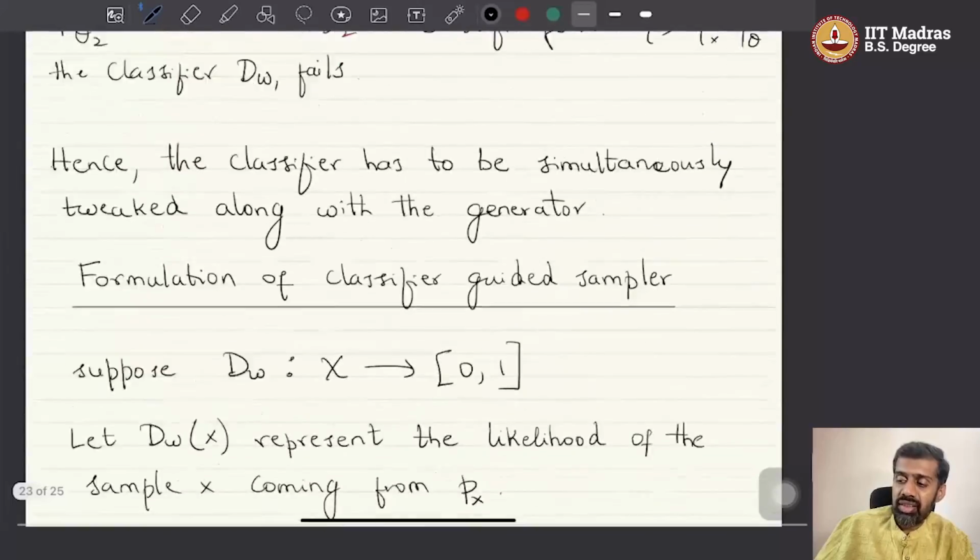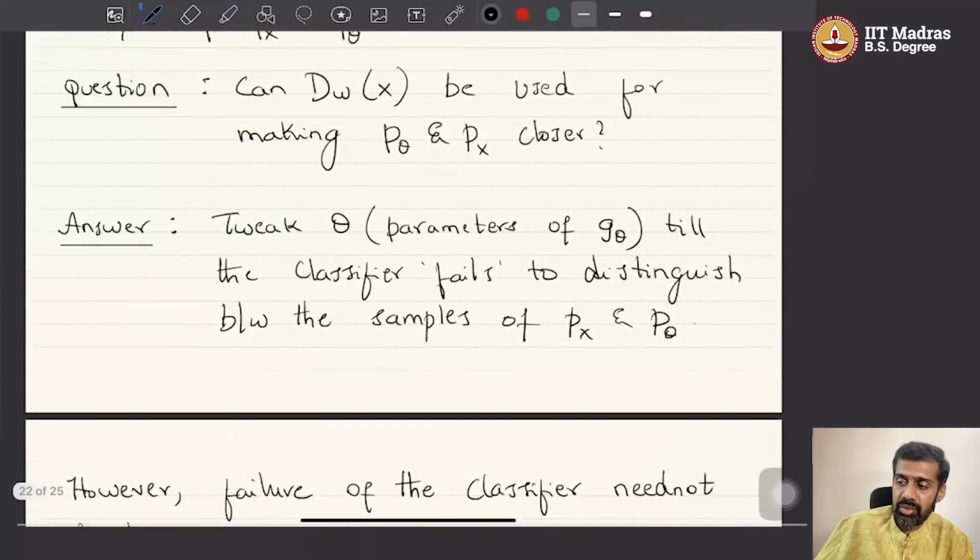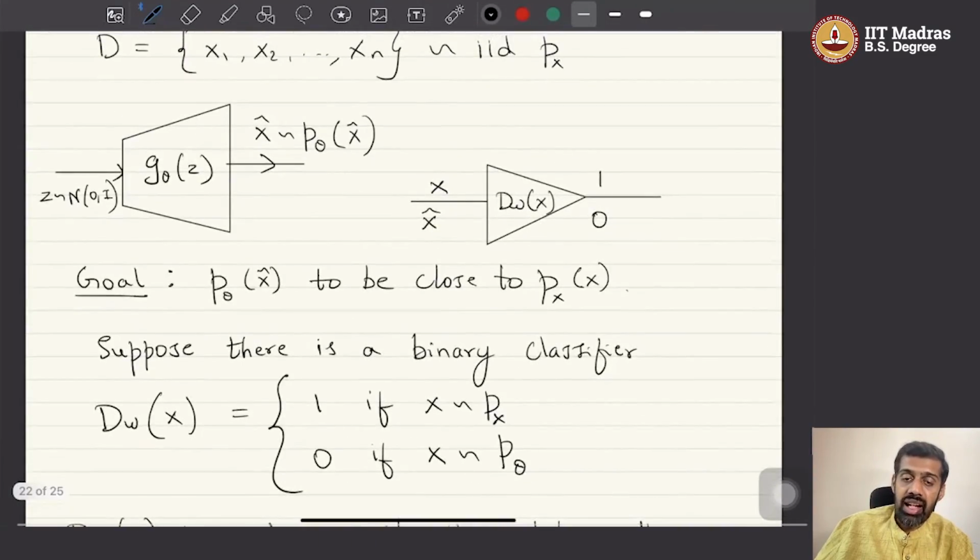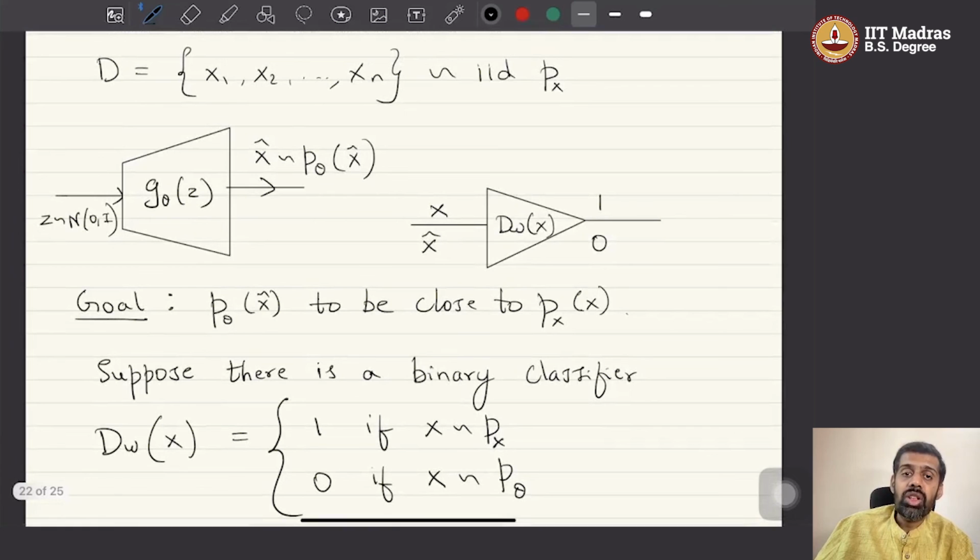So note that from a mathematical and algorithmic standpoint, whatever we saw as variational divergence minimization is absolutely the same as classifier guided training as well, but this is just another interpretation of how one can perceive the naive GAN. Please note that this interpretation is not generalizable across other F divergences, right?